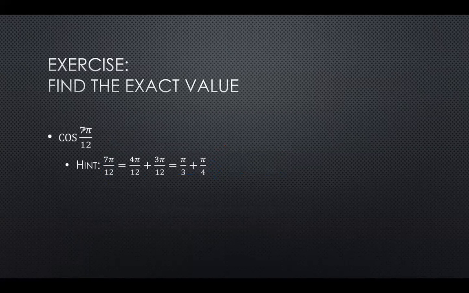So for example, for cosine of 7 pi over 12, the key here is to write 7 pi over 12 as 4 pi over 12 plus 3 pi over 12. 4 pi over 12 is basically pi over 3. 3 pi over 12 is basically pi over 4. And we have sine and cosine for these 2 angles respectively.